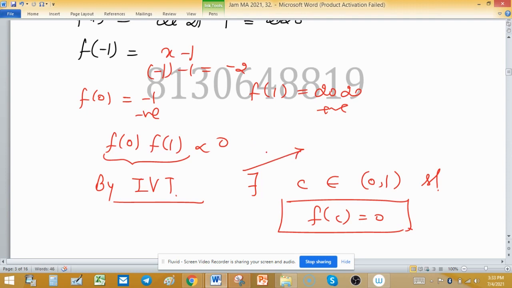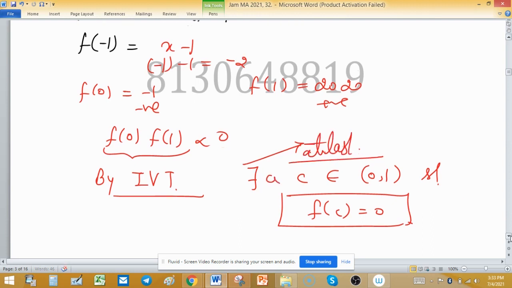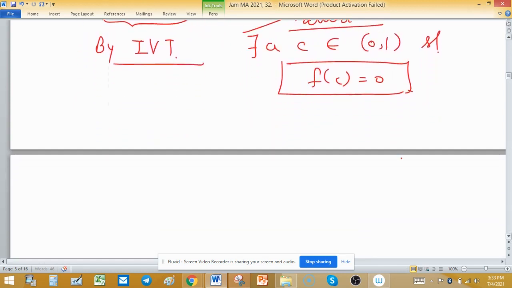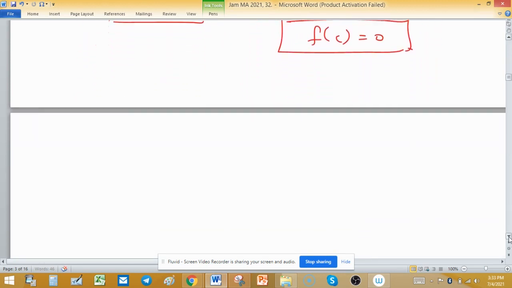But how many roots will exist? This is at least, not at most: at least one C belonging to the open interval 0 to 1 such that f of c is equal to 0. But how many?